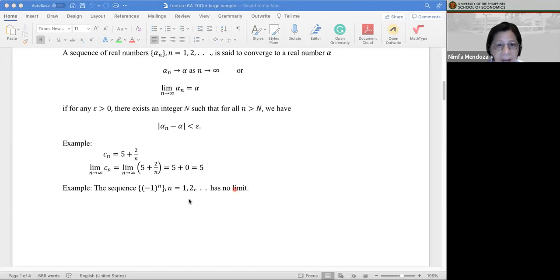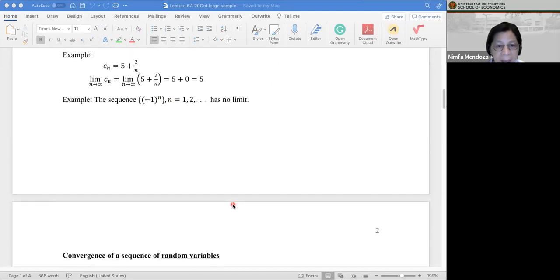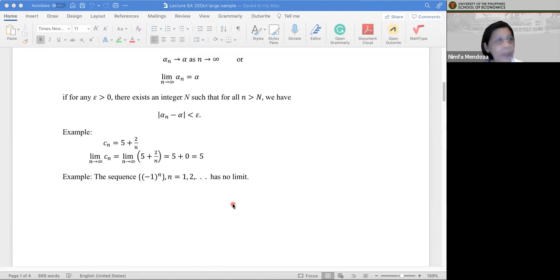How about the sequence minus 1 to the n, where n is equal to 1, 2, and so on? So here you have n equal to 1, 2, 3, 4, 5, and so on, and minus 1 to the n.